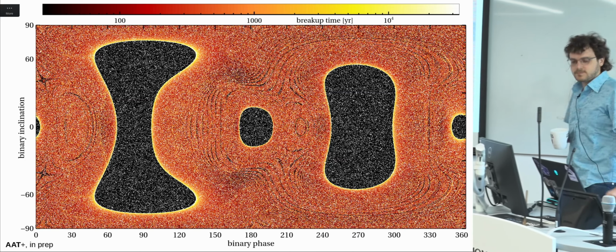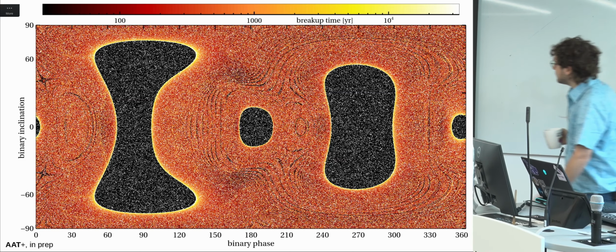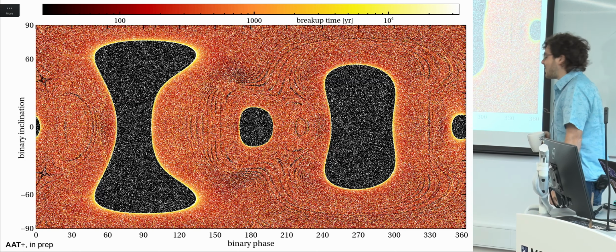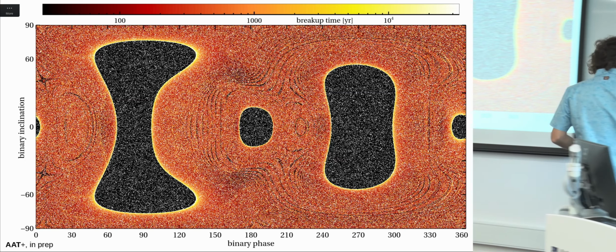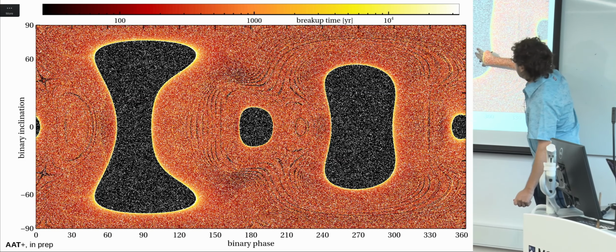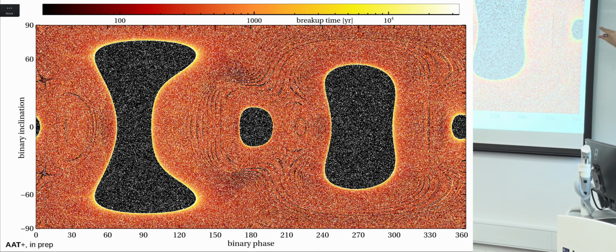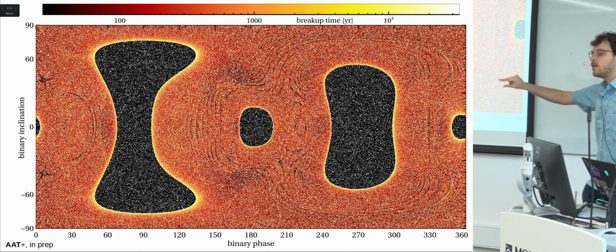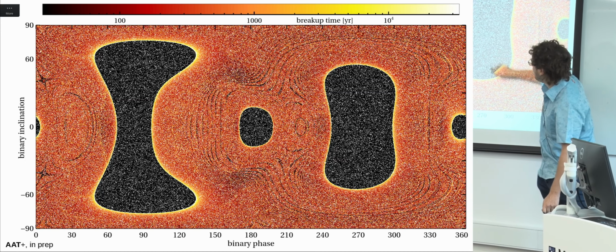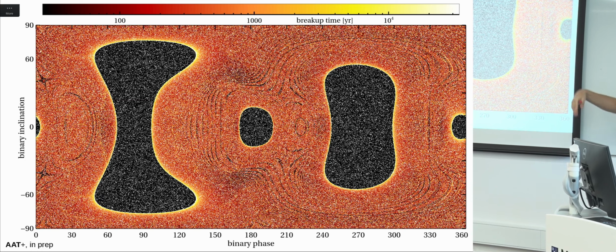So in the next one, do you understand why the edge of the planet is white? The idea is that in this region there is a smooth mapping between initial conditions and final outcome states. As we move the phase in this region, or move the inclination in this direction, we always get the same outcome.